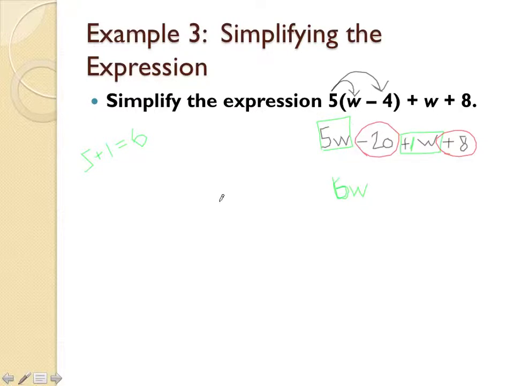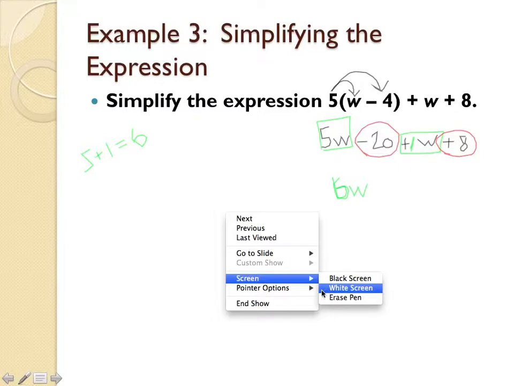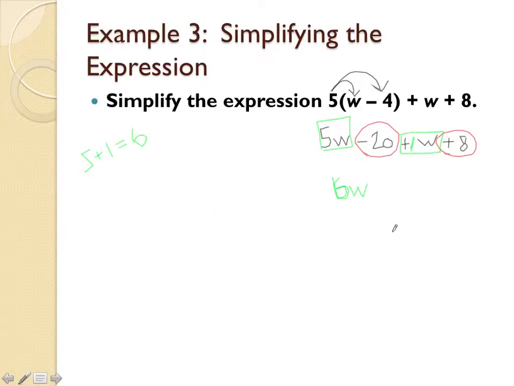Now let's look at the terms in red, in this case my constant terms. Let me grab my red. Again, off to the side, I have negative 20. I'm going to do all my scratch work off to the side. I'm always adding, so I'm going to add a positive 8.